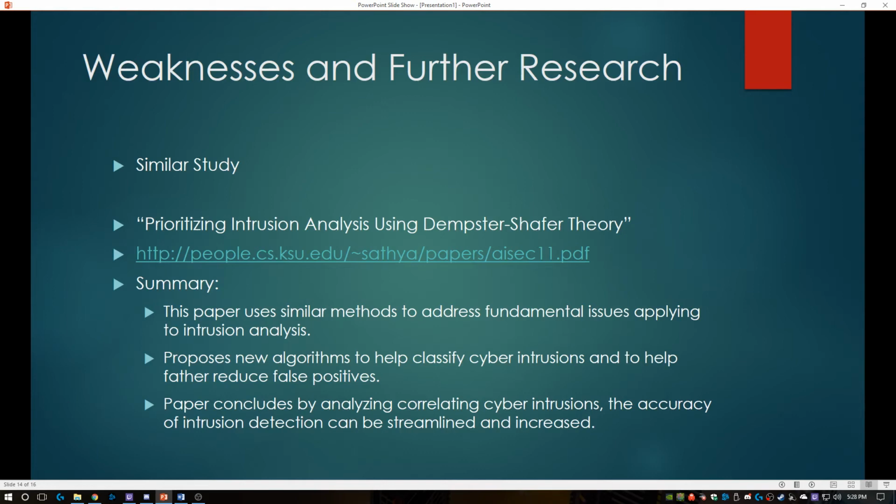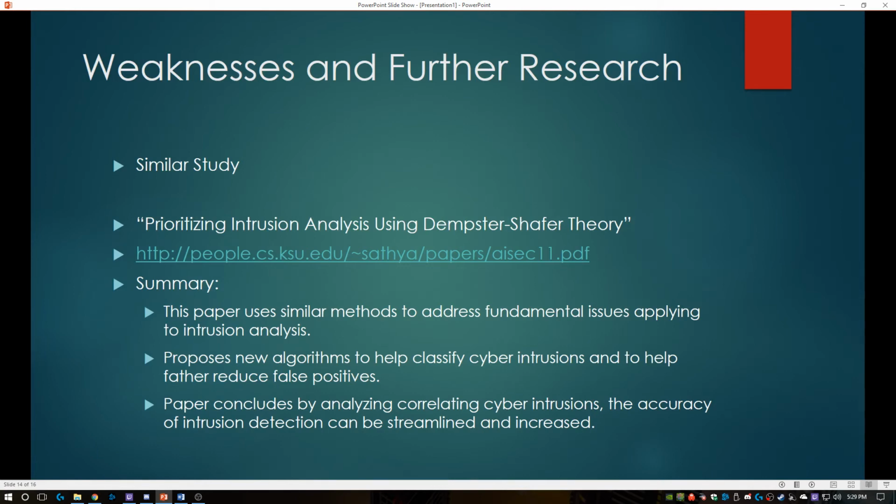A similar study that uses this sort of method is a research article called Prioritizing Intrusion Analysis Using the Dempster-Shafer Theory. So again, the same theory that is being utilized in this research paper is being utilized in this other research paper that I found. The paper uses similar methods to address the fundamental issues of applying intrusion analysis, so how we are classifying and analyzing intrusion threats.